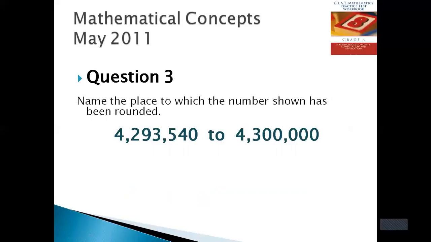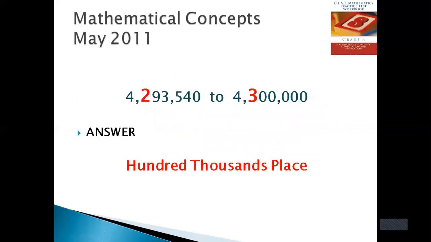If we are identifying our place values from right to left, this would be our ones, tens, hundreds, thousands, 10,000, 100,000. So the change occurred at our 100,000 position, okay? And the answer illustrates that. We went from 2 to 3, and the 2 was originally in the 100,000s place.